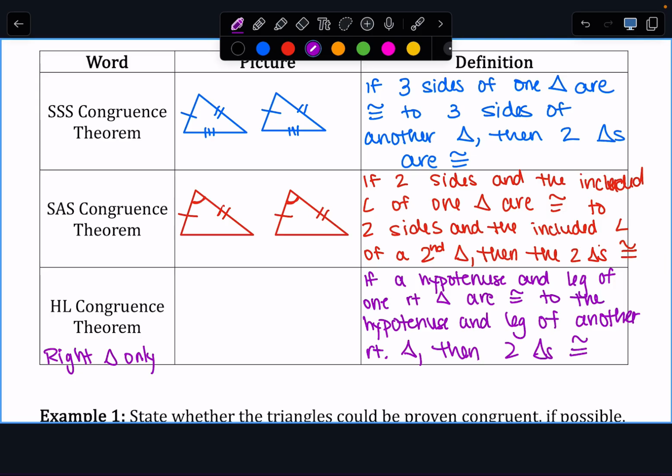What I want you to take away from this is that we always need 3 pieces of information. 3 sides for the first one, 2 sides and an included angle for the second one. I know that our shortcut is only HL, but our third piece of information is that it has to be a right triangle. So I have 2 right triangles.